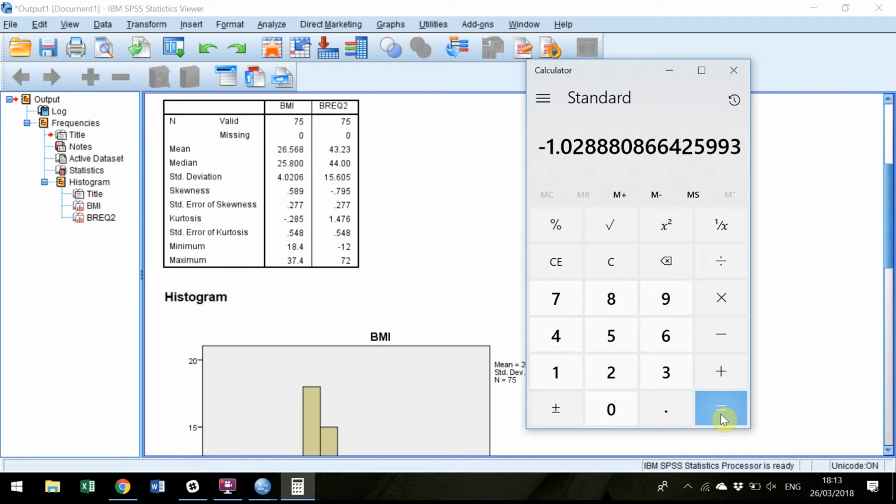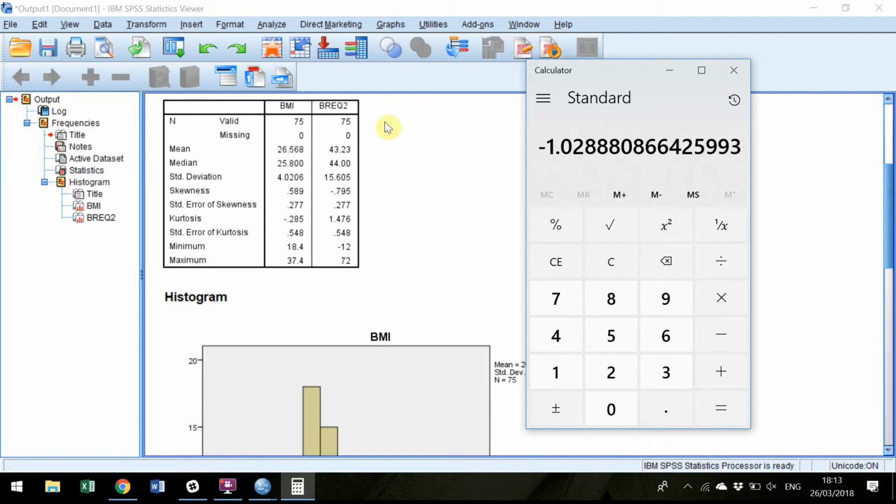And what that test tells you is whether or not your data distribution differs significantly from a normal distribution. If it does, then your data are not normally distributed, and that means you should not proceed with parametric assumptions without some sort of treatment for your data.